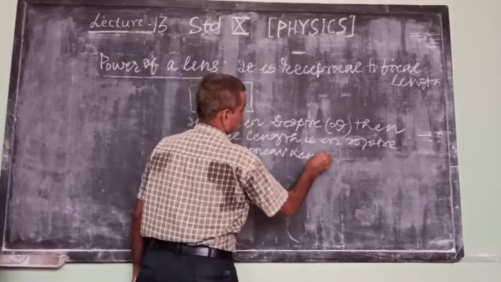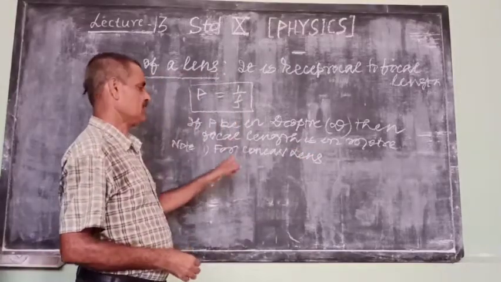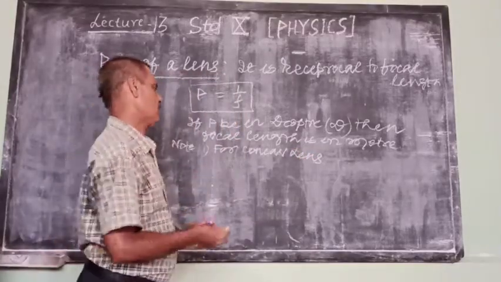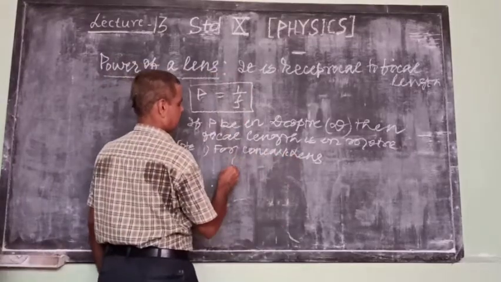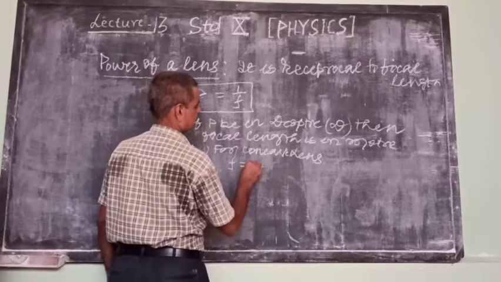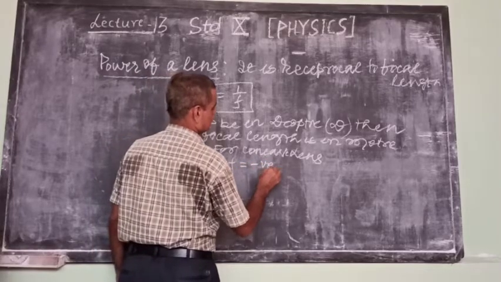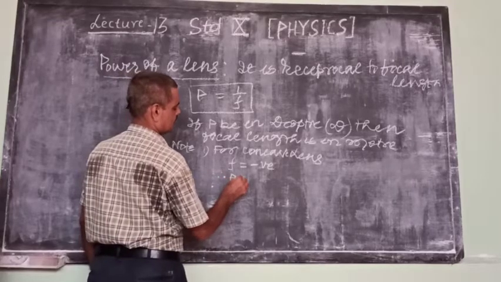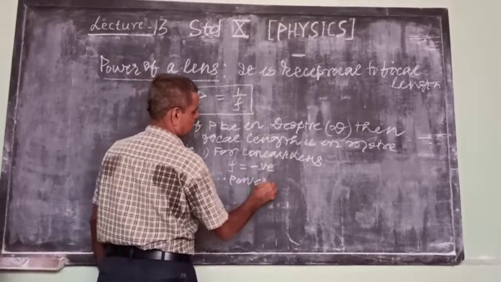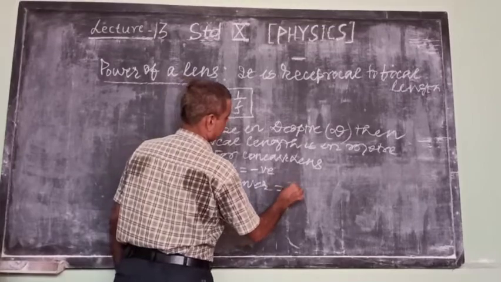We have studied in mirrors, in case of a concave mirror, focal length is always negative. Therefore, the power of the lens will be negative.